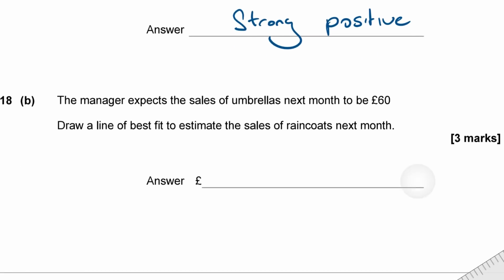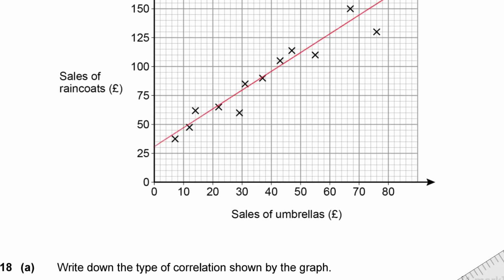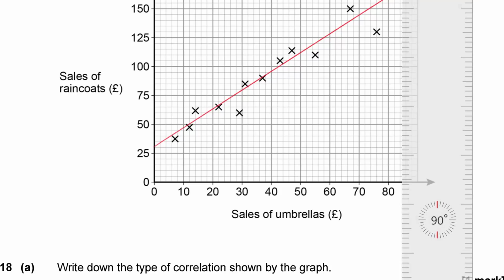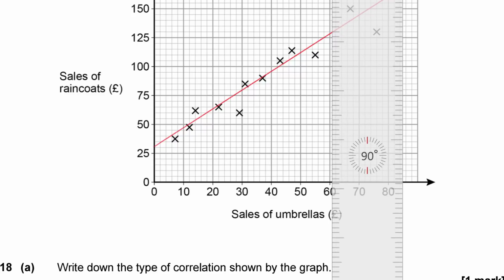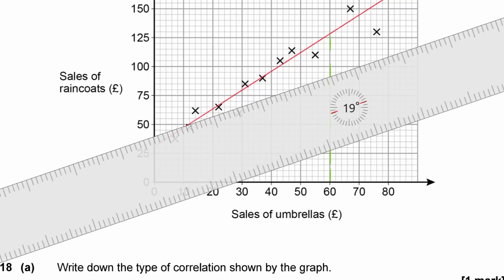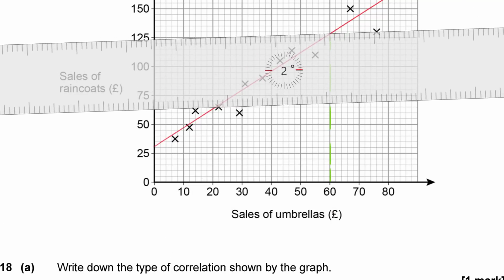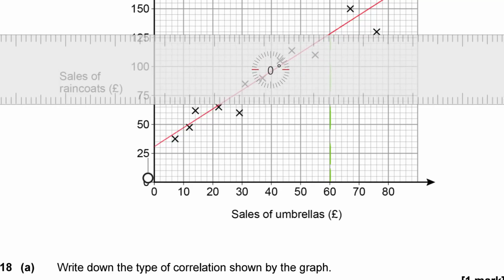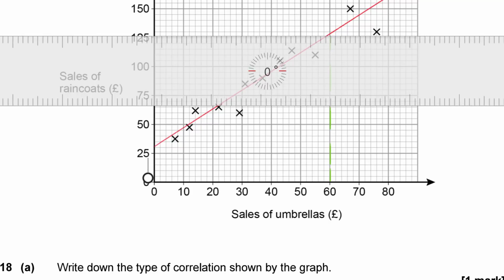Then I'm going to estimate the sales of raincoats next month when the sale of umbrellas is going to be 60. So I'm going to look up from 60 umbrellas, or £60 worth of umbrellas. Read up to my graph, and then change direction and read across to my raincoat line.